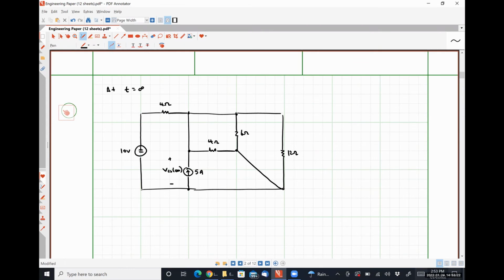I would argue that we could still use nodal analysis or really just Kirchhoff's current law in this instance. To make it obvious why, I'm going to label my nodes again real quick, and this is just another way for me to make sure I'm not forgetting anything.